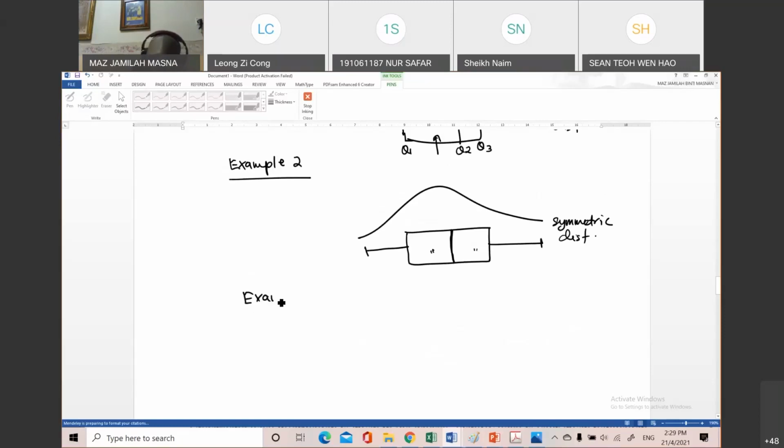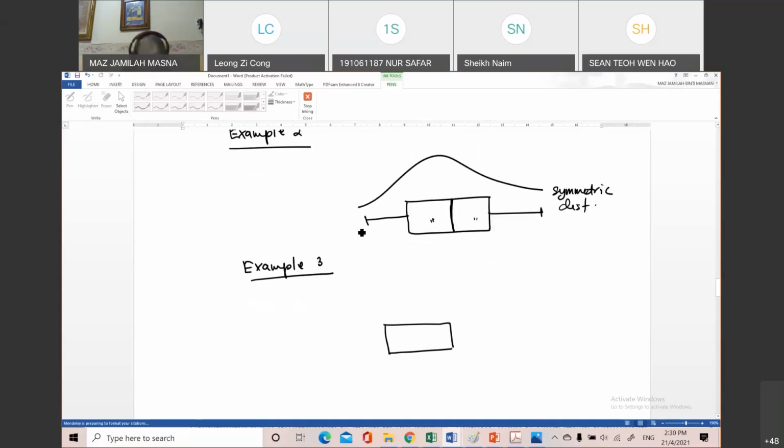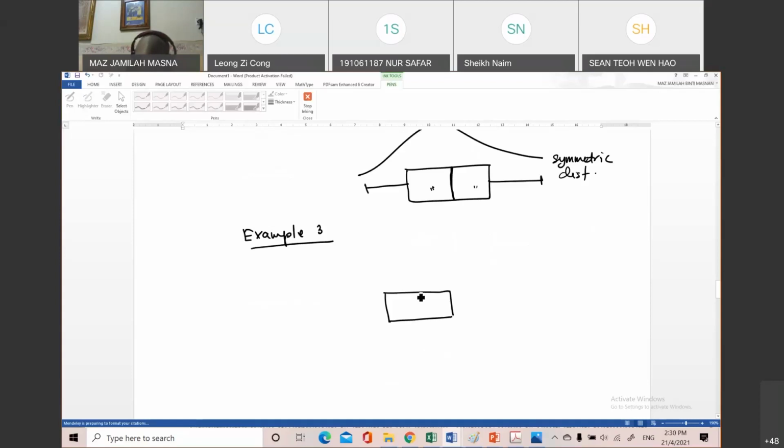If let's say you may have this kind of box plots, example 3, whereby you have, for example, a very short middle 50%, and they are almost the same, but one of the whiskers is very long. So in this case, these whiskers show very long whiskers, and you are using your long whiskers as your guide.